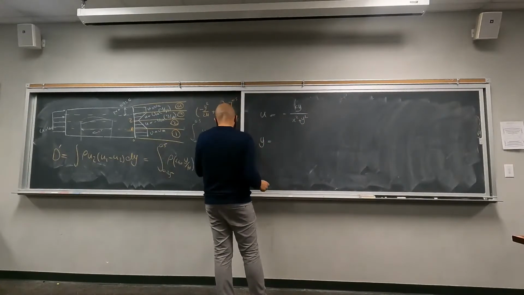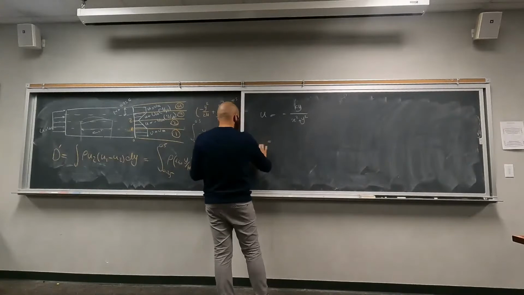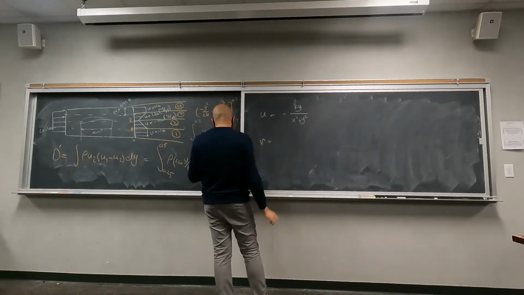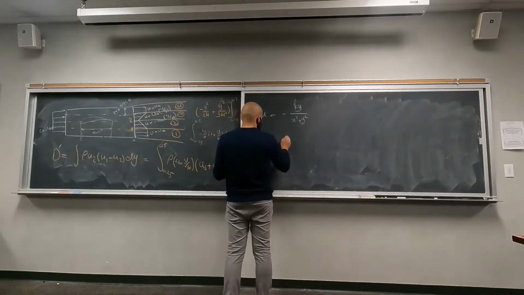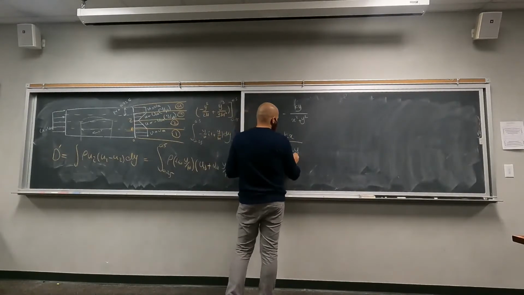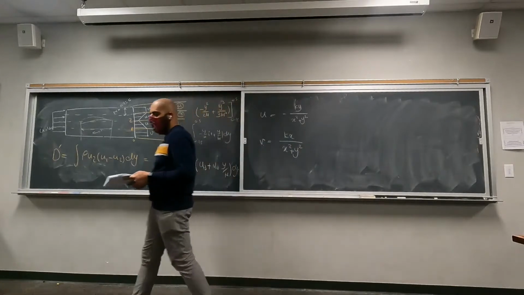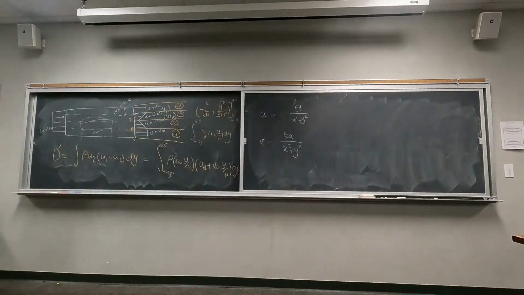And v, the component of velocity in the y direction, is going to be positive kx over x squared plus y squared. We want to prove, or this is the question, does this velocity profile satisfy the mass conservation for an incompressible flow?